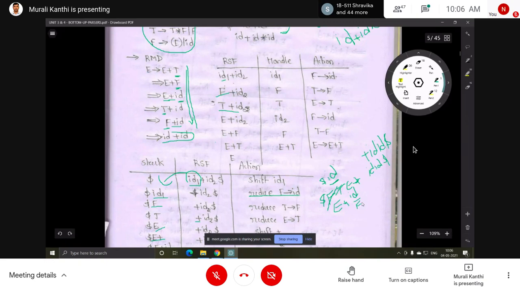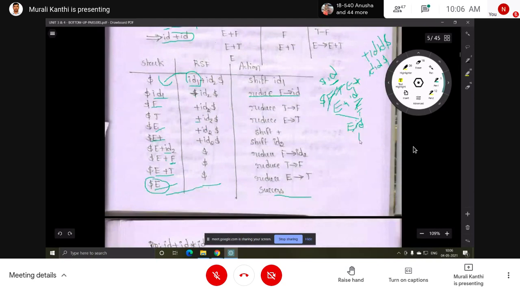The next handle is also found, that is t. Next, e plus t is also a handle, so that can be replaced by e. Next, shift: e plus id. A handle is found: in place of id we can write f, in place of f we can write t, and in place of t we can write e.